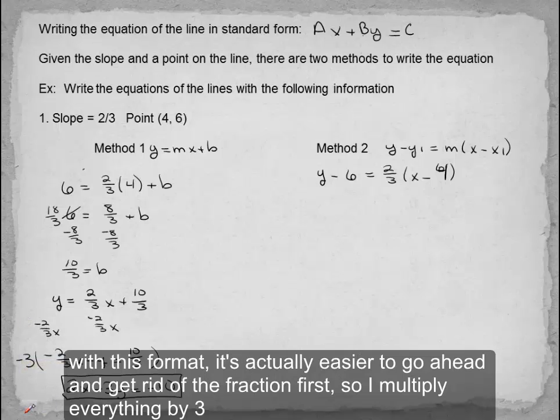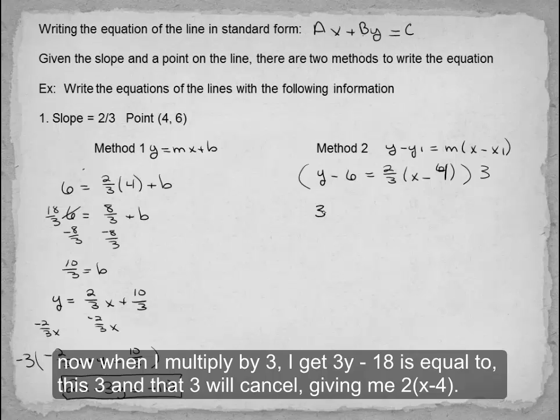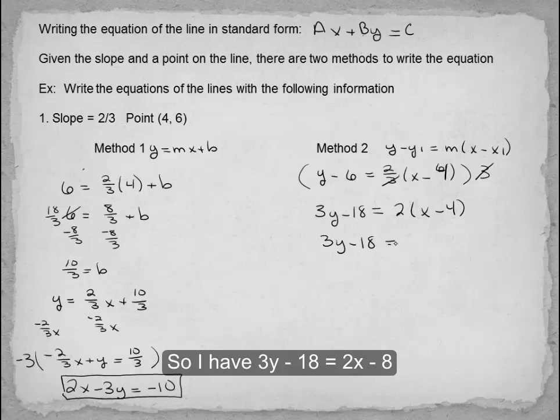With this format, it's actually easier to go ahead and get rid of the fraction first, so I multiply everything by 3. Now when I multiply by 3, I get 3y minus 18 is equal to, this 3 and that 3 will cancel, giving me 2 times x minus 4. So I have 3y minus 18 is equal to 2x minus 8.